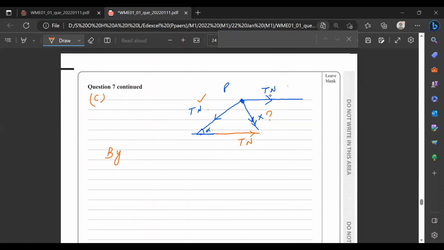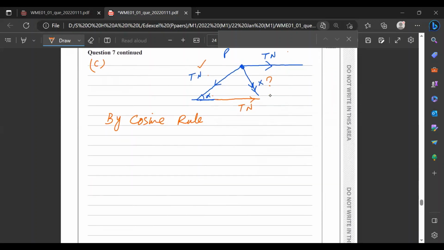Then there is a shortcut to this. Next I'll explain the shortcut for solving such situations. By the cosine rule, this is basically an isosceles triangle, so you can apply the cosine rule.